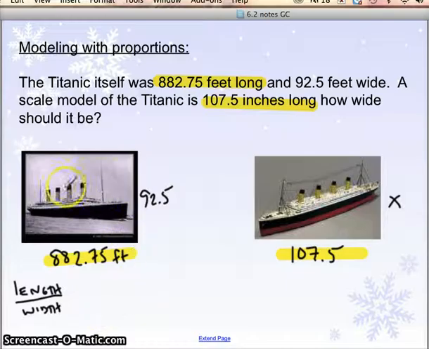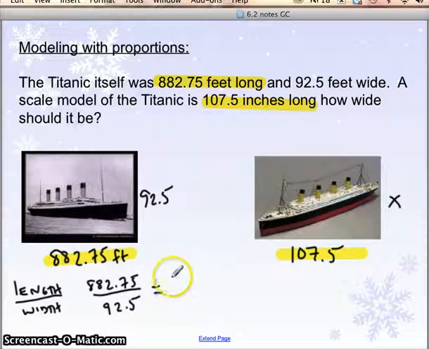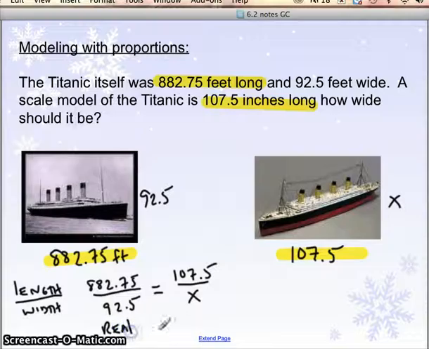So if I do the real Titanic length divided by width, then I'm going to do the scale model length divided by width. So this is the real Titanic, and this is the model. We stayed consistent by doing length on the top and width on the bottom.